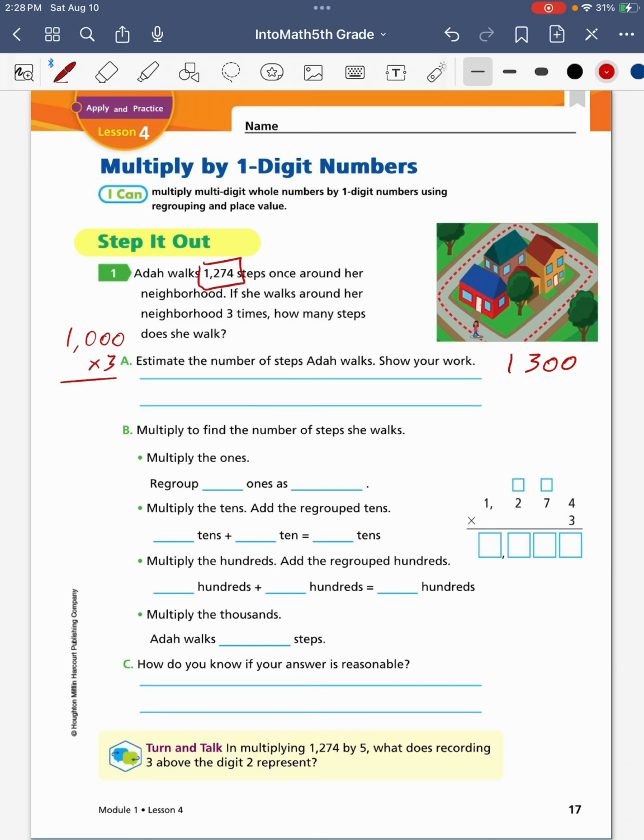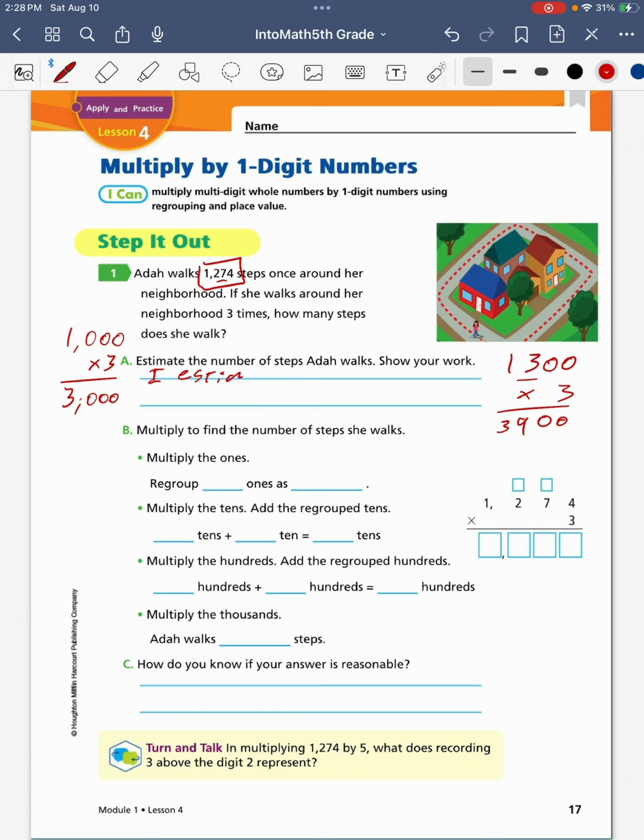For my estimate, I'm quickly multiplying 3 times 1,000 for a guess of 3,000, or if I'm taking my hundreds place, I got 1,300 because the 7 in the tens place is higher than 5, so I round it up. I do 1,300 times 3. 3 times 0, 0, 0. 3 times 3 is 9, and 3 times 1 is 3.